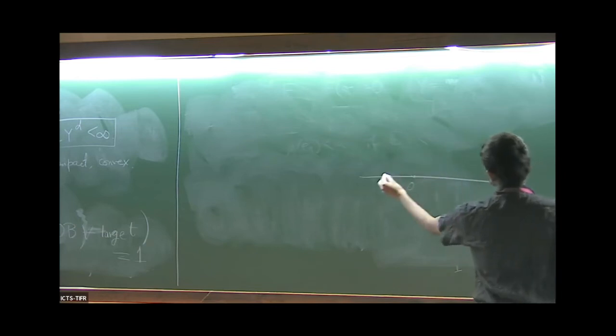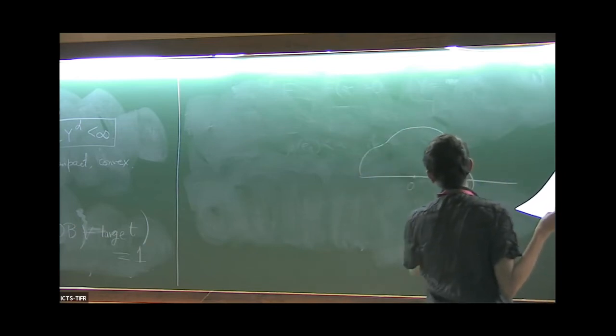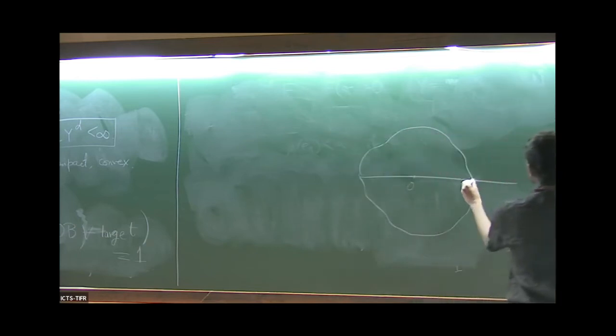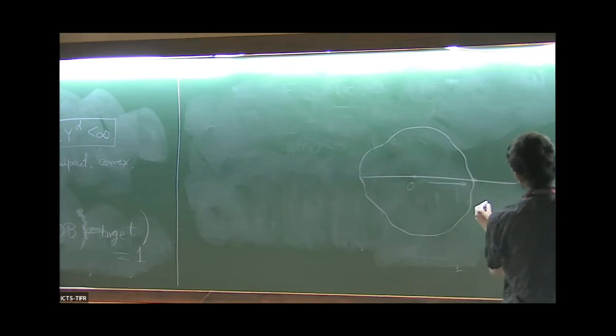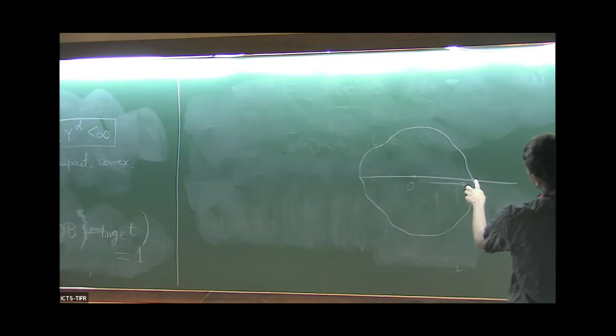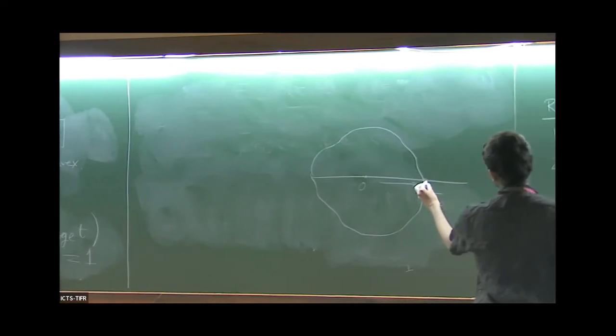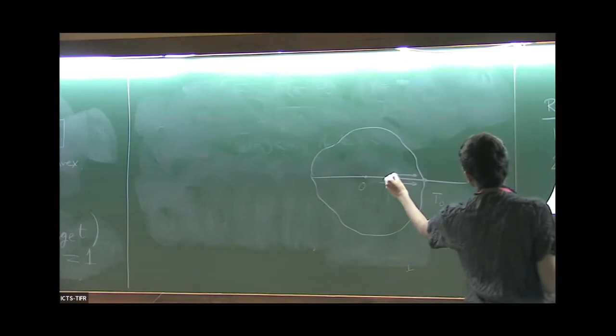So suppose this is my BT. How far does this BT go in the direction E1? Remember, this is the last vertex that I have reached up to time t. Let's call this distance x.